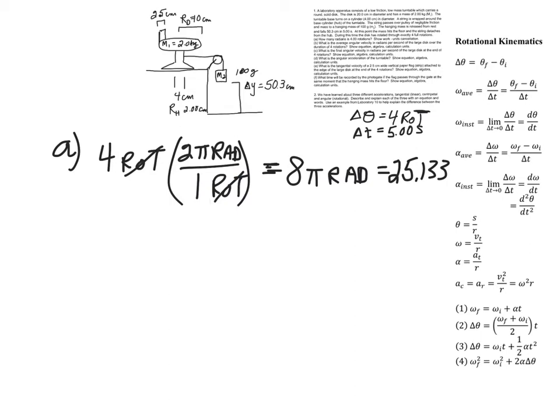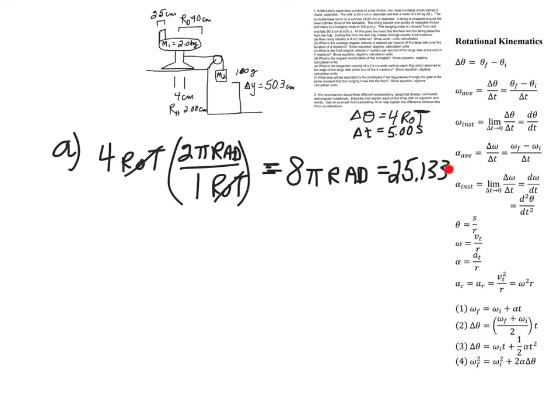And so 4 rotations multiplied by the conversion factor, 2 pi radians over 1 rotation. This is like multiplying by 1 because these are equal, but the rotations cancel and we end up with units of radians. And you can leave it 8 pi, but for calculation purposes it's better to do this.